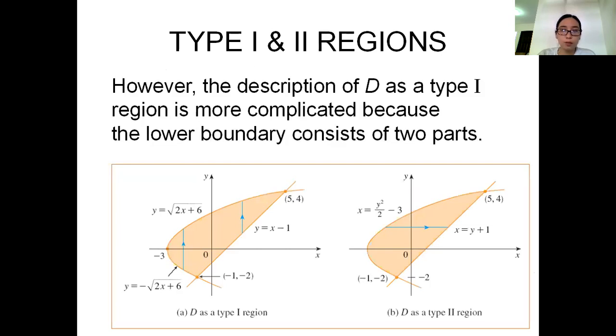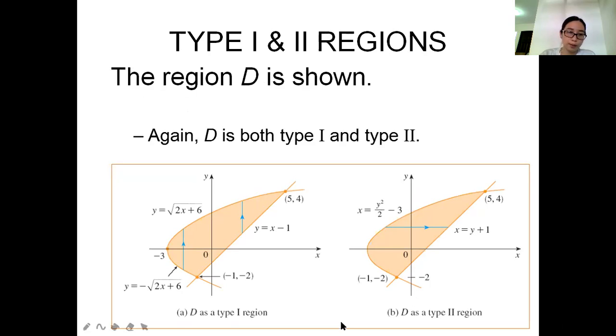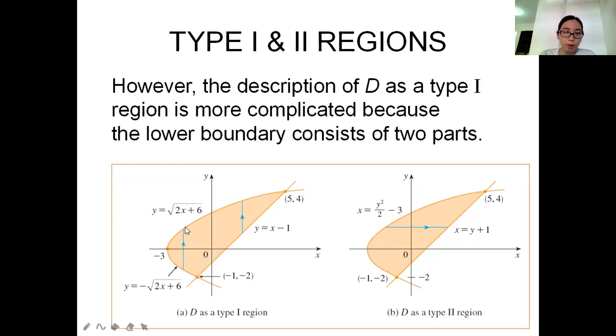However, the description of D as a type 1 region is more complicated because the lower boundary consists of two parts. If we use a type 1 region, it is more complicated since it splits into two parts.